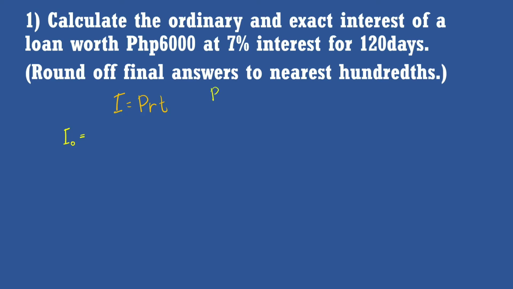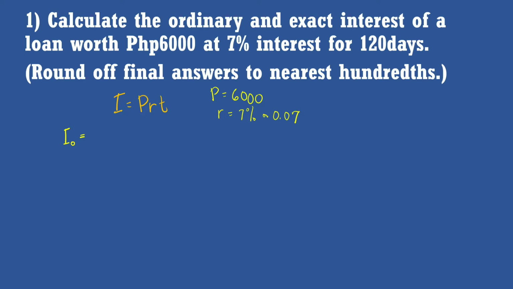The 6,000 pesos is the principal. 7% is the rate of interest, and we will convert that to its decimal equivalent, 0.07. Now, the time is 120 days.